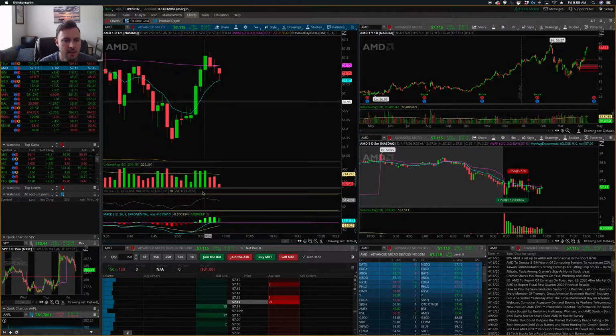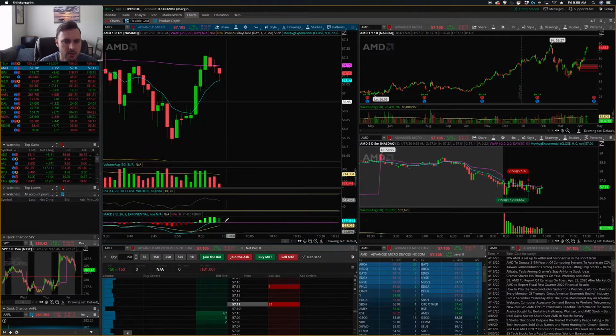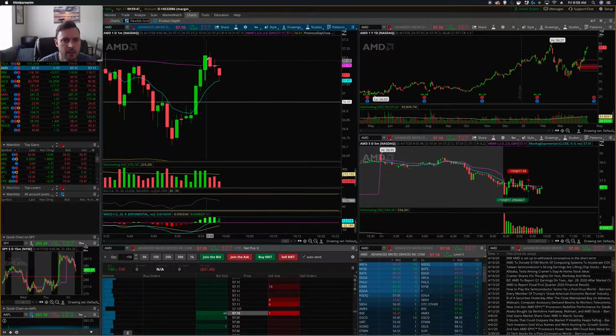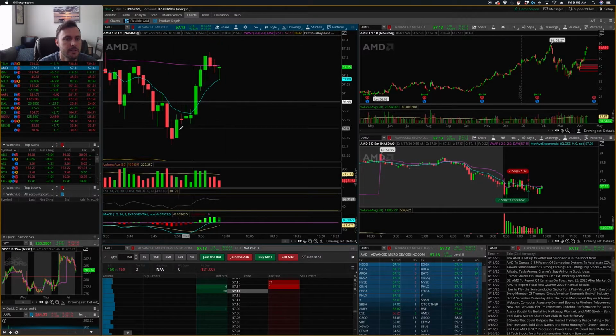RSI is not showing oversold. MACD is not showing trend reversal. So in reality, this would be a bad trade to take. Even though it looks like a good trade, there's not enough evidence showing that I should be taking this trade. And so I'm not going to take it. And let's see what else we got.